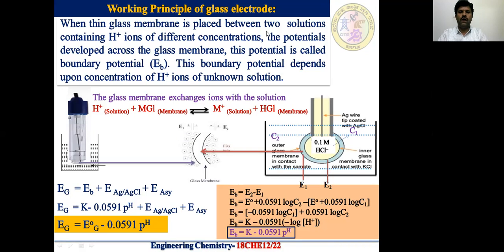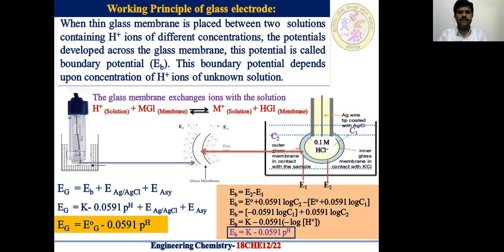Working principle of the glass electrode. When a thin glass membrane is placed between two solutions of different H+ ion concentrations, then a potential is developed across the glass membrane.